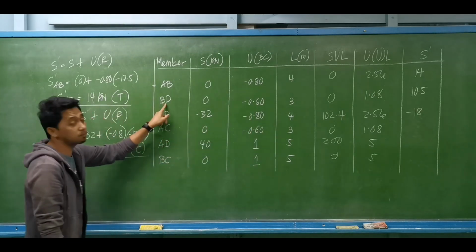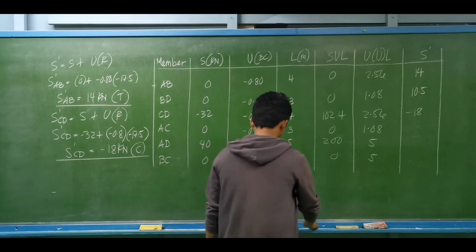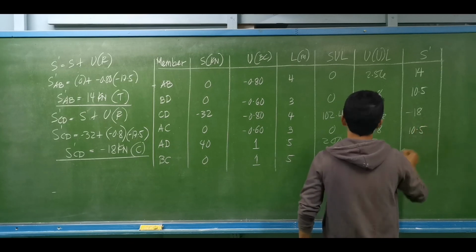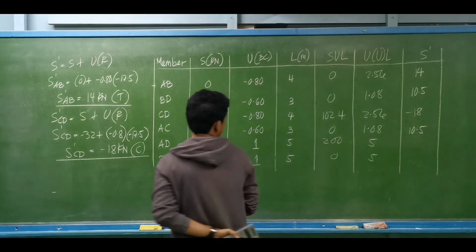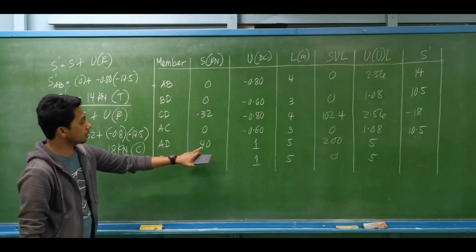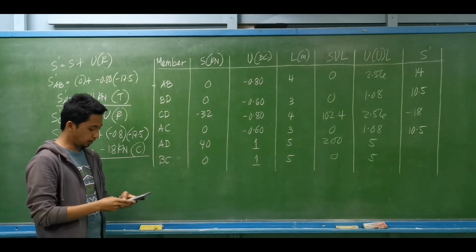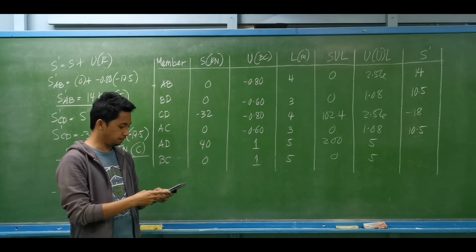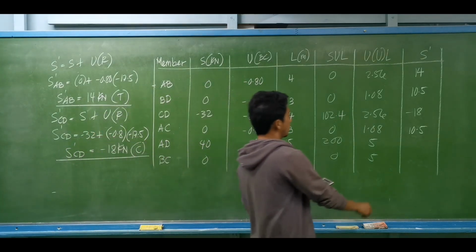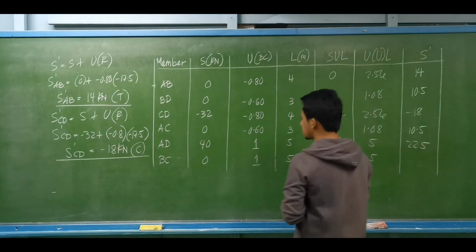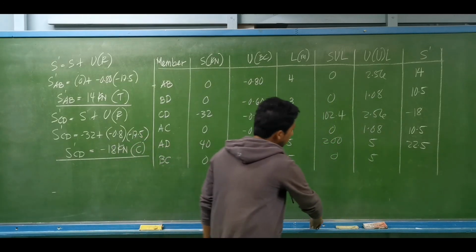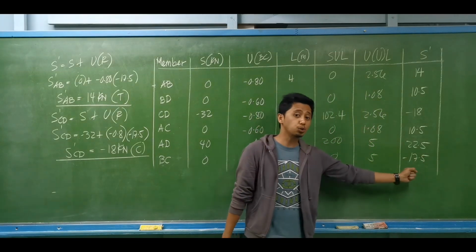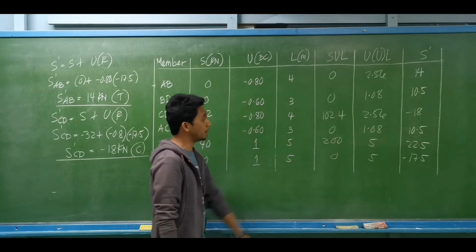I think AC is the same as BD, positive 10.5, also under tension. Then for member AD, we have 40, plus 1 times negative 17.5. The actual force will be equal to positive 22.5, which means this is under tension. And we have BC, our redundant, negative 17.5. So these are the actual bar forces of our example.